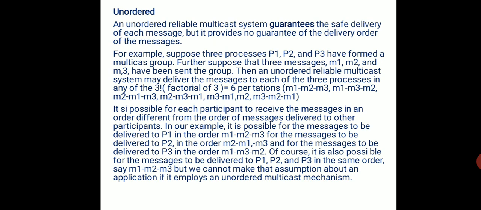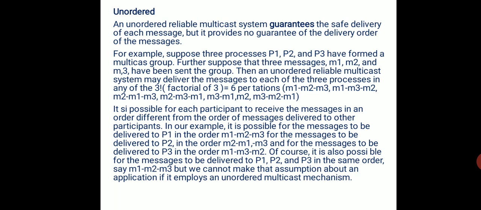Our processes P1, P2, P3 have formed a multicast group, and the 3 messages M1, M2 and M3 are sent. Then an unordered reliable multicast system may deliver the messages to each of the 3 processes in any of 6 permutations.